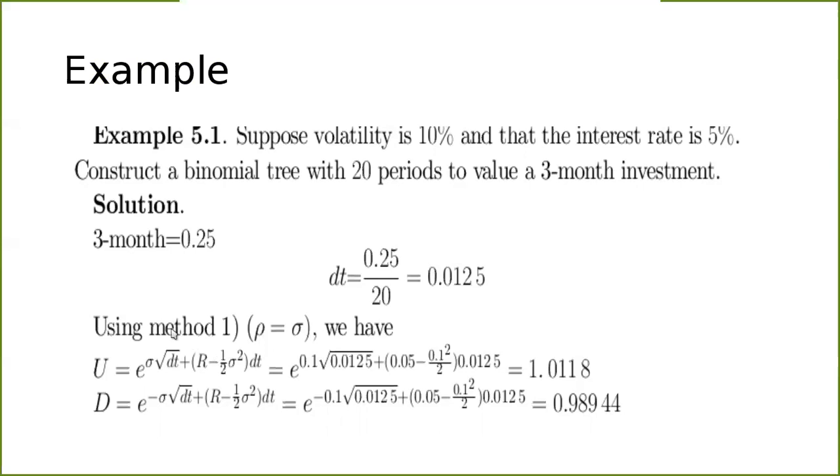And using the first method, we have that u equals exponent to the power of this expression, and we substitute volatility 0.1 square root of dt, it is this value, plus r, it is 5%, minus volatility square divided by 2, and dt is computed up.